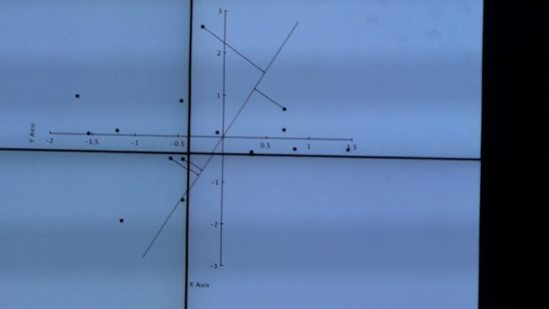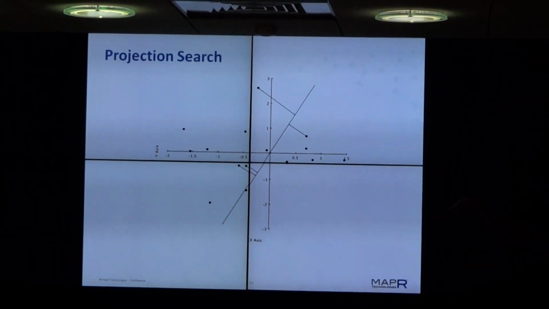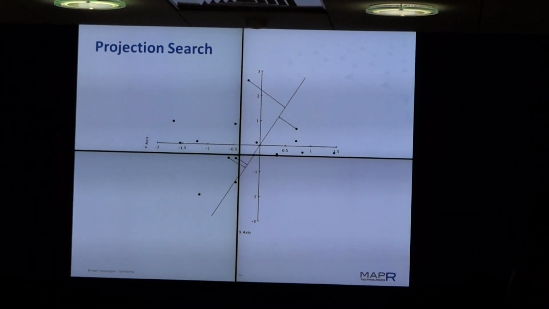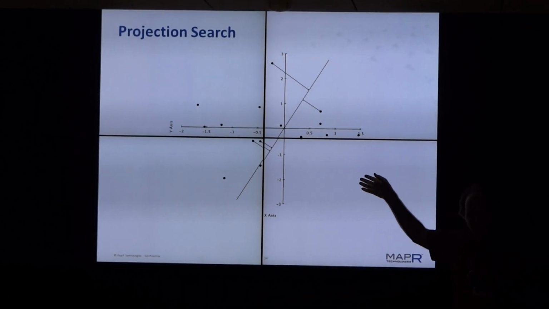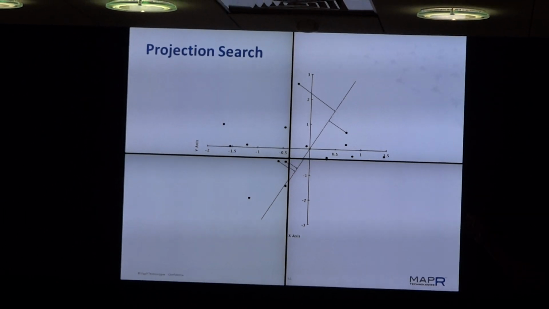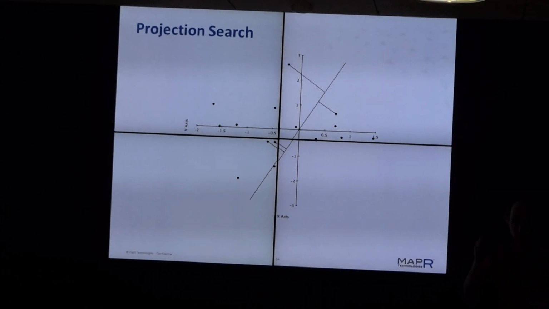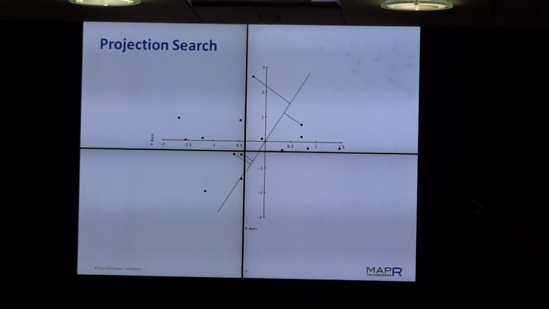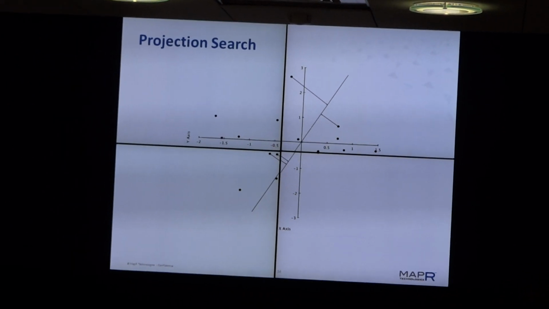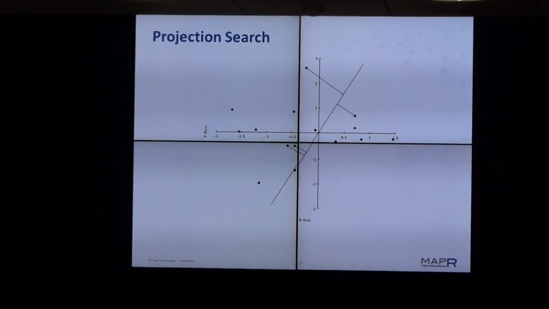But projection search is a simple thing, and you can do it iteratively. And one of the real virtues of random projections like this is you defeat the curse of dimensionality. It doesn't matter what dimension you're projecting from, only what dimension you're projecting to, as long as you're projecting to a random vector. This is just so cool.